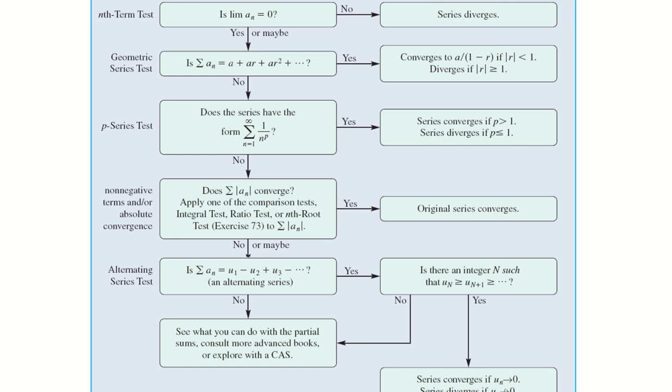Whew, okay. The last thing I'm going to say is, obviously I'm going to put this on the screen at least for a second because this is just an overall plan of attack, but this is essentially what I've been saying. Now we have all of these tests. We have the nth term test, the geometric test, p-series, ratio test, direct comparison, limit comparison, alternating series test, integral test.